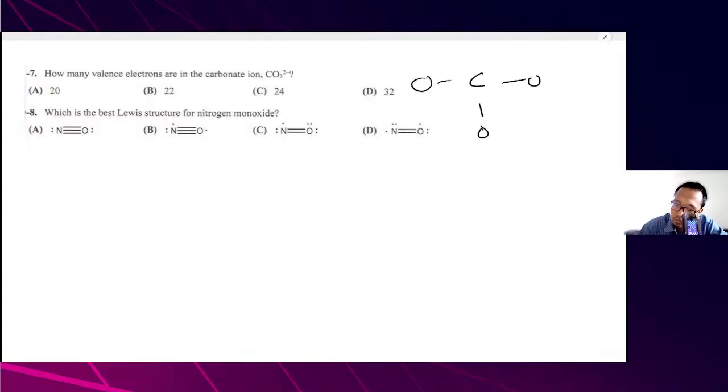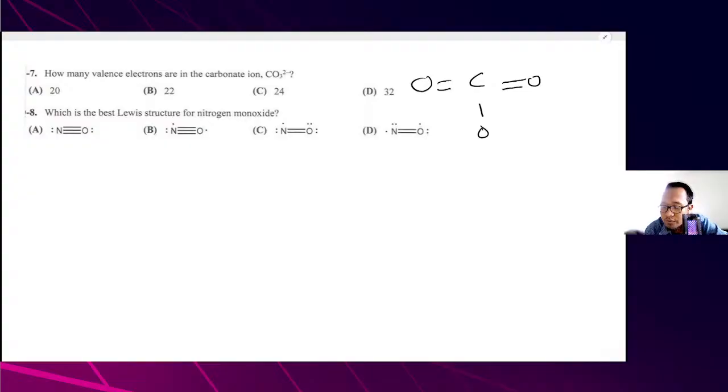Okay. Like this one probably. And then it has 2 minus, which is telling us how many electrons, right? So it will be something like this one and then this one.